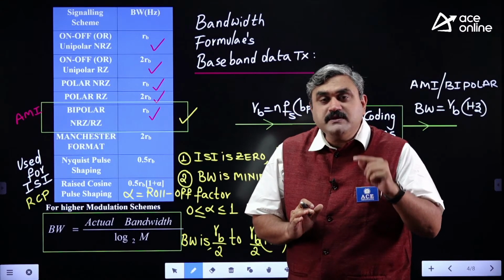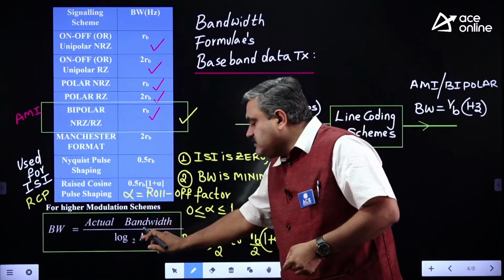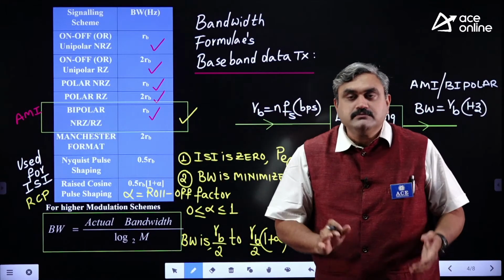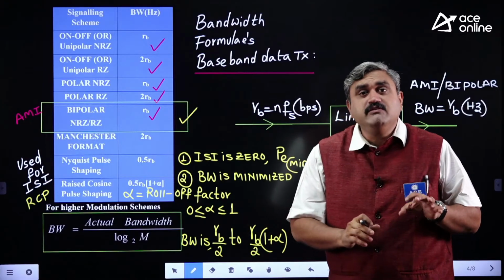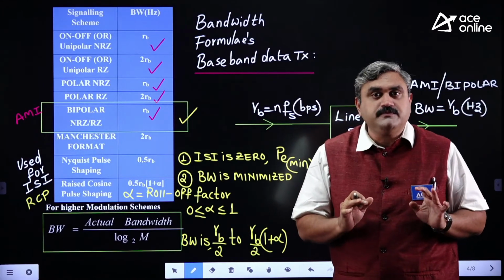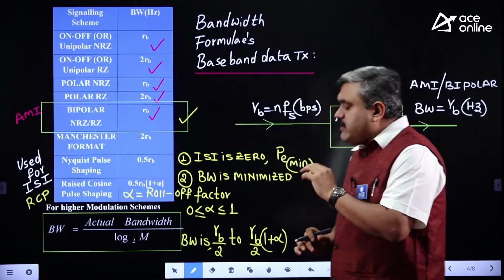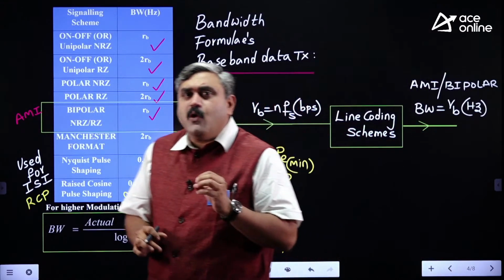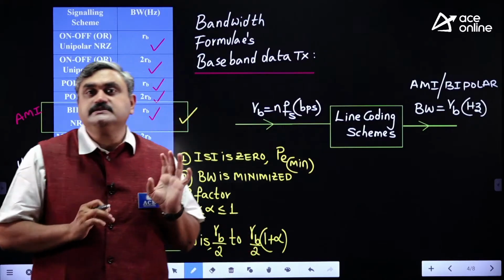That means how many bits are there per symbol, that will be represented in the denominator. So this value will be your bandwidth. It will definitely decrease if you go for higher order modulation schemes. So this is how you have formulas for all baseband data transmission techniques.